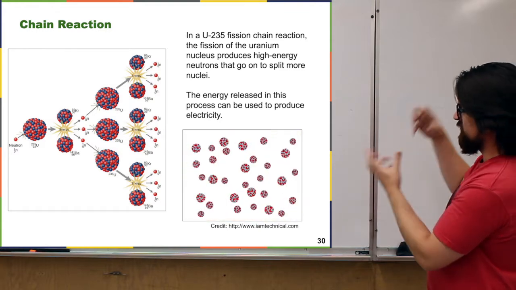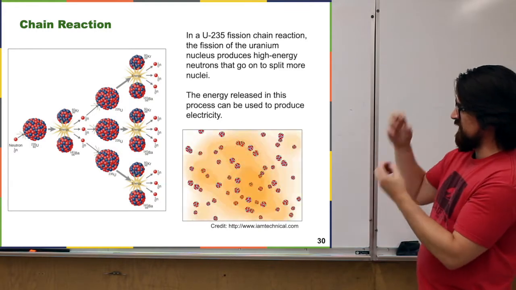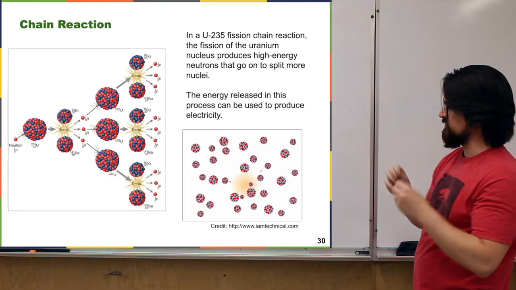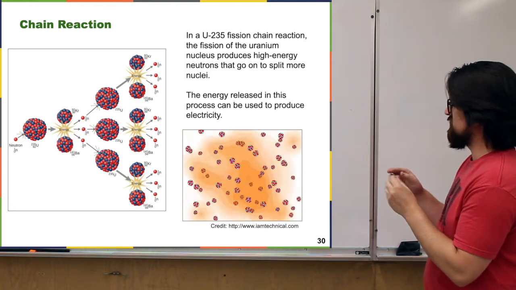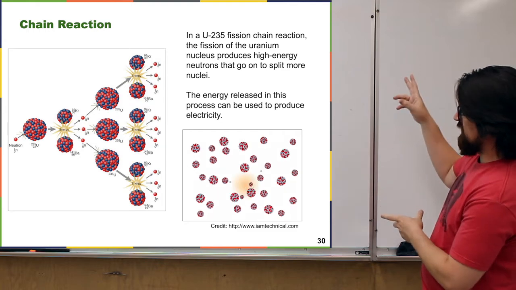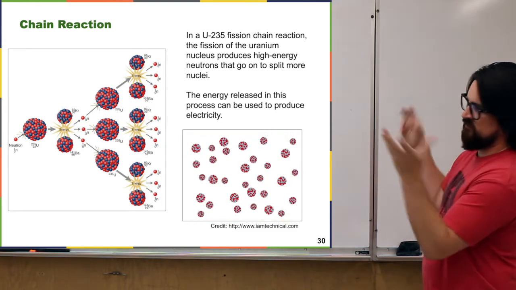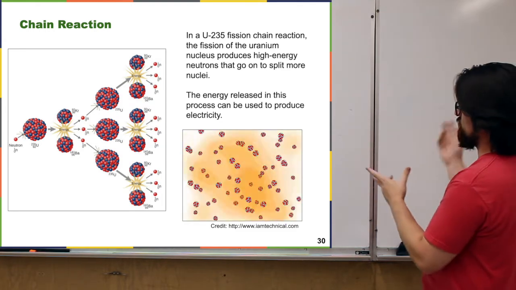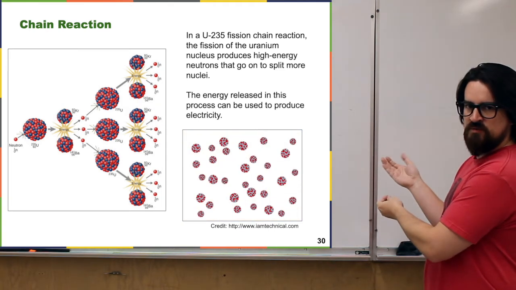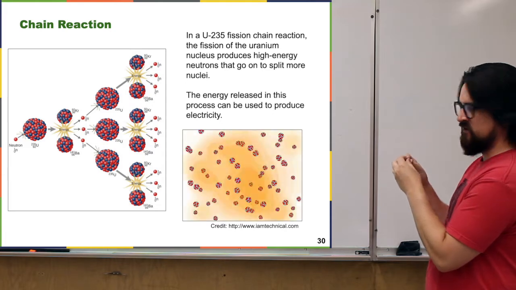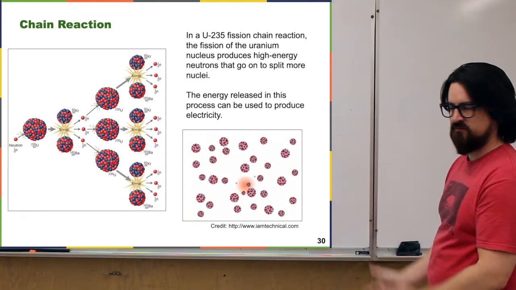That neutron splits one nucleus, which releases fragments, but also high-energy neutrons, or fast neutrons. That's the energy being carried away in this process. And those neutrons then can smack other nuclei, break those apart. Those release more neutrons, smack other nuclei, break those apart. So as long as you have enough nuclei that can go through this process that are near enough to each other, then you can start this chain reaction.